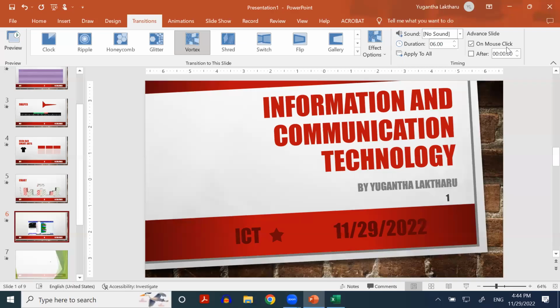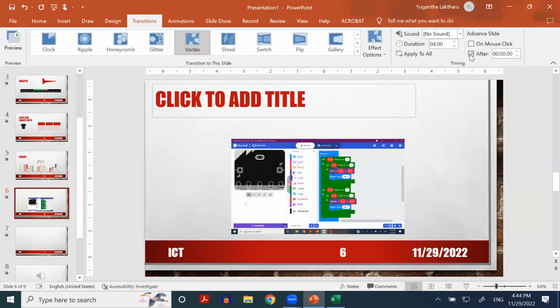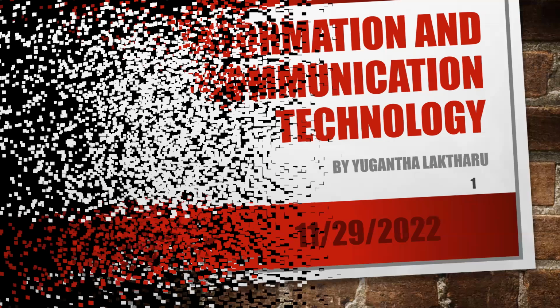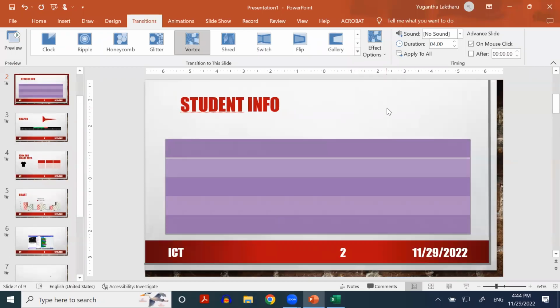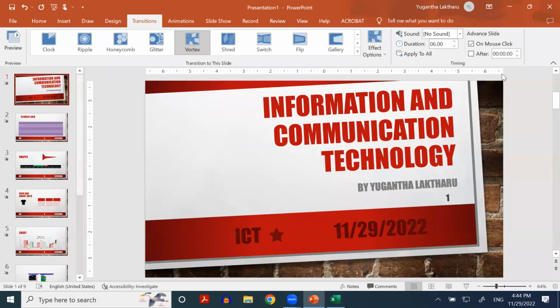Anyway, this happens due to a mouse click. And if you set a time, like after, let's say, 3 minutes, and I set it, it's going to be like this. Not 3 minutes, earlier it was 3 seconds. So it's like 1, 2, 3, change to the next one. Oh, why is it not changing? Oh yes, the problem is I didn't apply it to all. So I click on after 3 seconds, and I have to say apply to all.